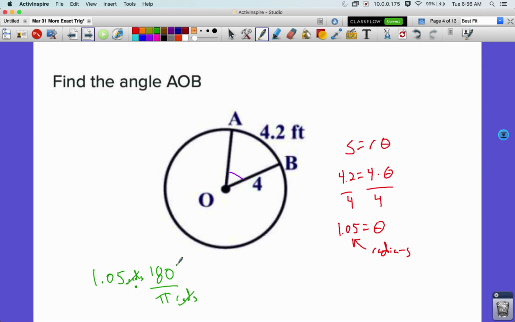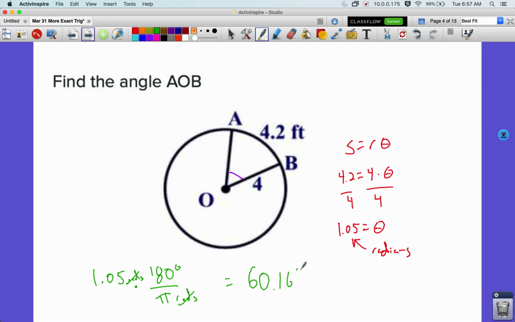And now degrees is on top, so that becomes my new unit. So I'm just going to do this in my calculator, 1.05 times 180, divide that by pi, and I get approximately 60.16 degrees.